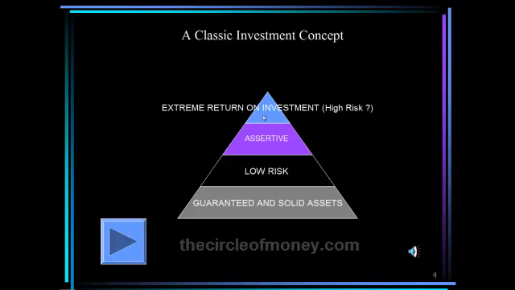So what I'm saying is, maybe if we utilize a scenario where we can take direct control over that top part, then it's not really high risk anymore, and we've taken a position where we can directly control that ROI. So that's the classic investment concept. On to the next slide.